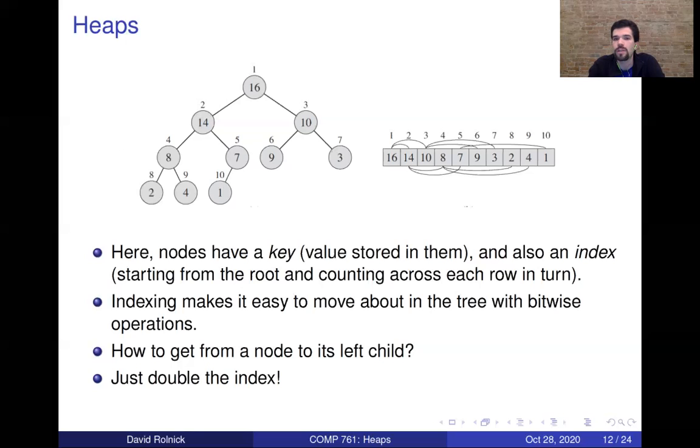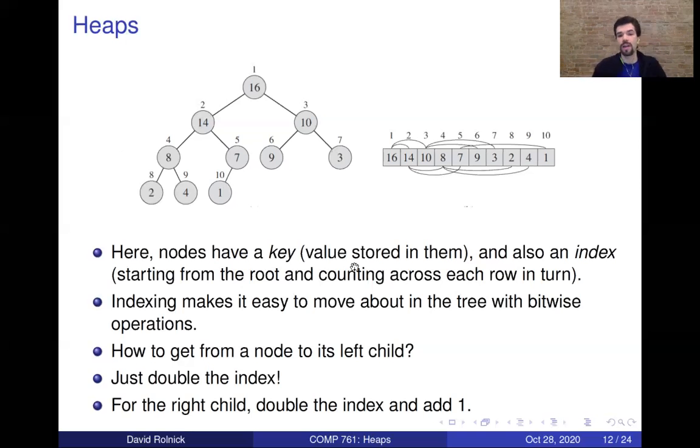Are there questions? Okay. And then for the right child, you just double the index and add 1, because that's just moving 1 more.